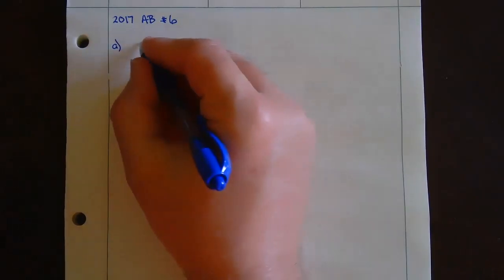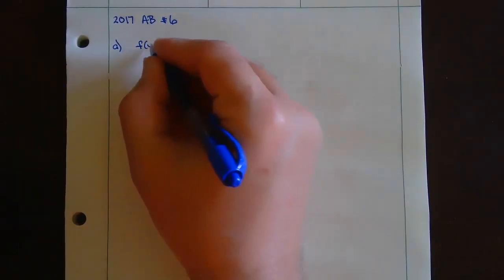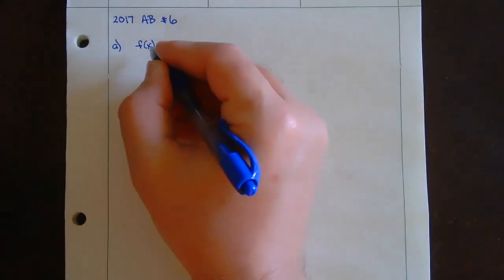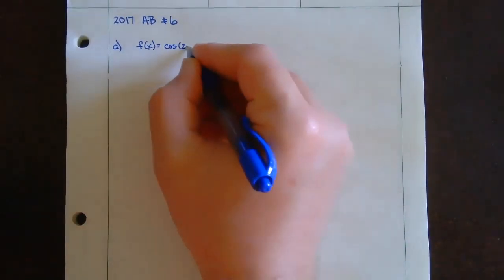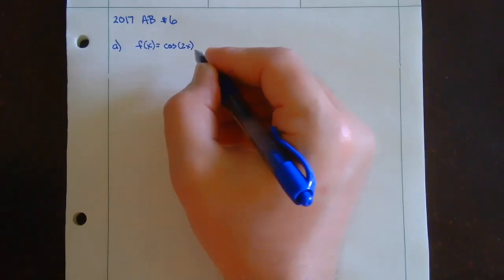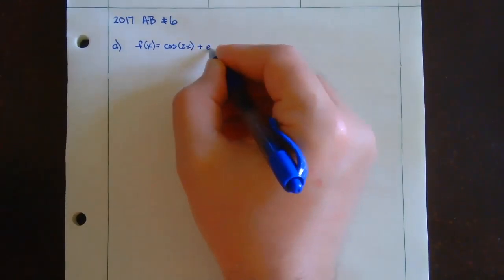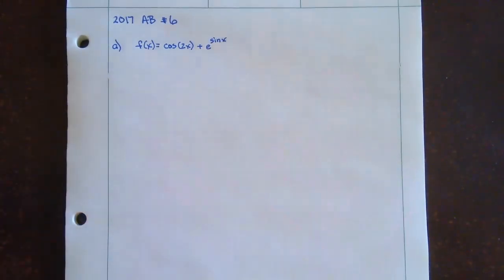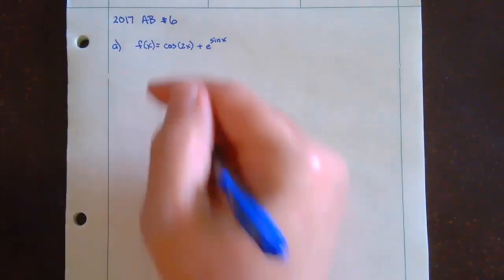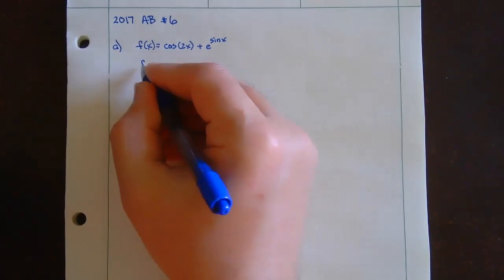So for part A, we know that f of x is equal to cosine of 2x plus e to the sine x. Okay, so before we can find f prime of pi, we got to find f prime of x.